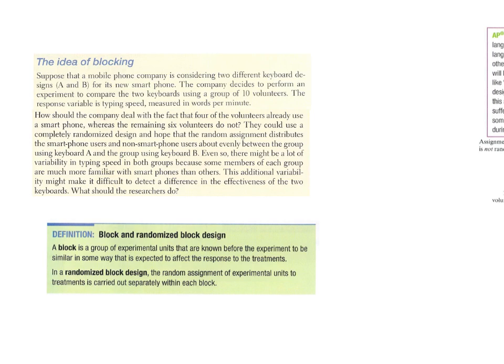We're talking about some kind of experience that could give them a leg up, and that would be being used to the smartphone or not. In a randomized block design, we form the blocks first, and then we randomly assign the experimental units to the treatments. Something we need to keep in mind is that our treatments are not the same as our blocks.